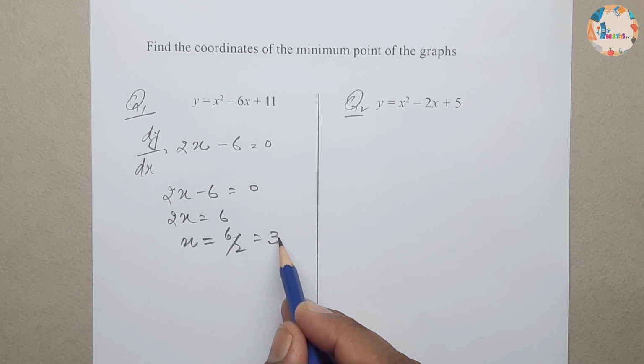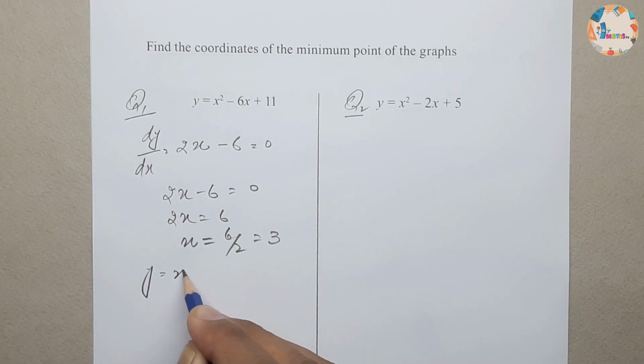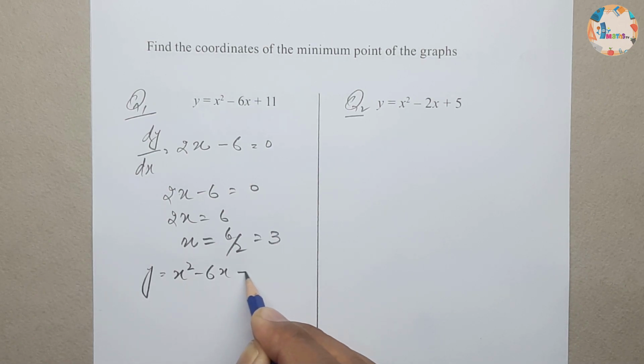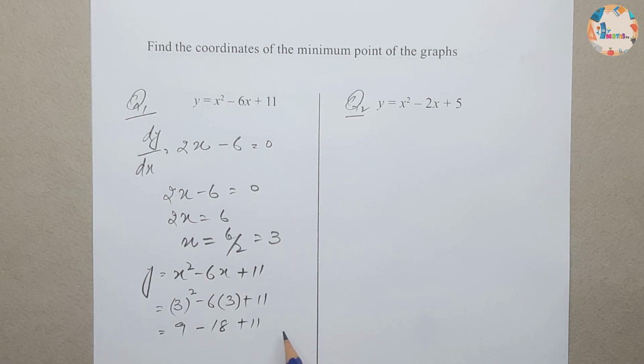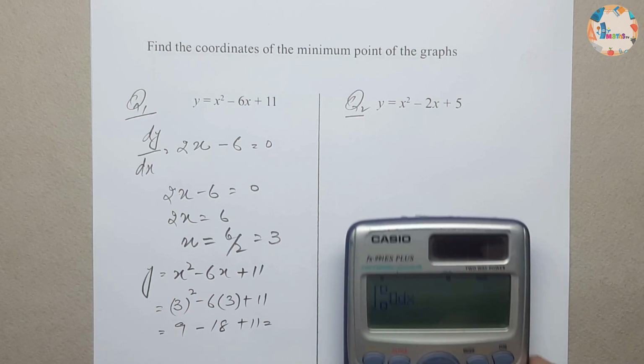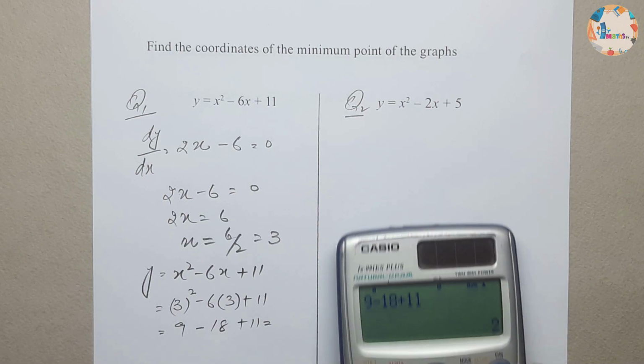We will replace this value of x in the equation y is equal to x squared minus 6x plus 11. This will be 3 squared minus 6 into 3 plus 11, which is 9 minus 18 plus 11, and 9 minus 18 plus 11 will be equal to 2.